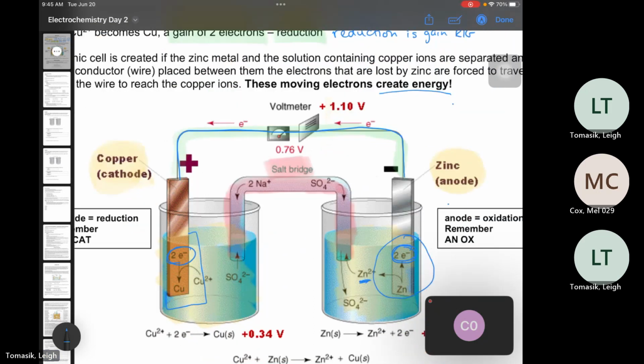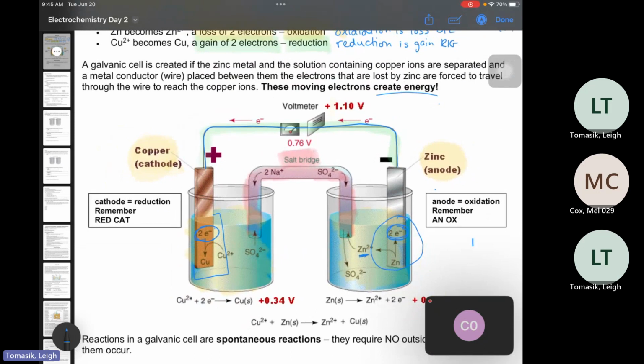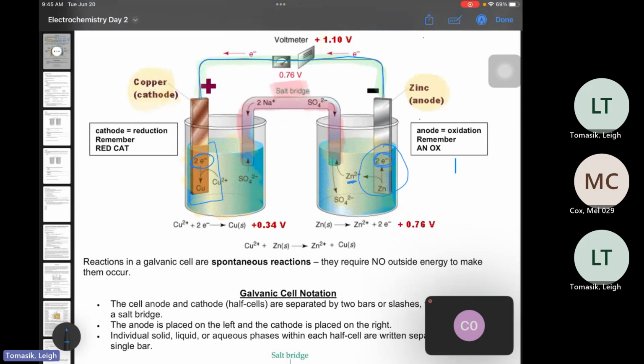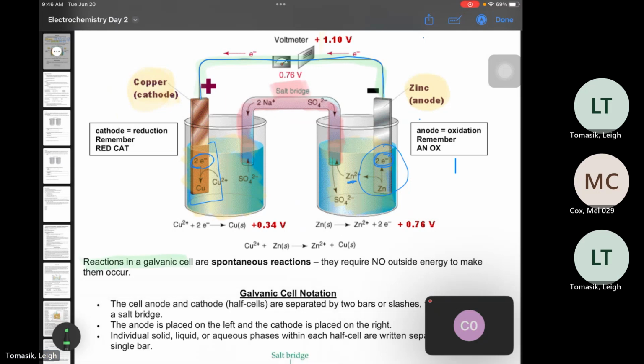Okay, so we have to talk about this battery and the parts of the battery, and what they do. So, one thing to note is that in galvanic cells, reactions are spontaneous reactions, right? They require no outside energy to make them occur.